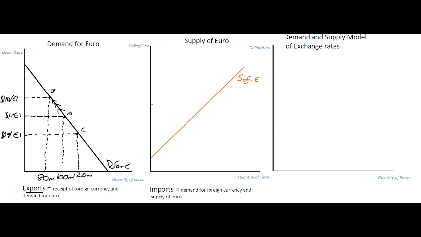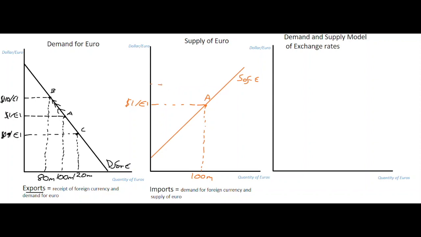So to explain it, we'll start just like we have before, starting point where €1 gains us or trades for $1 on foreign currency markets. We'll call this point A, and we'll also say that that represents 100 million in terms of supply of euros. Now, at this point here, we have equilibrium along the supply curve.